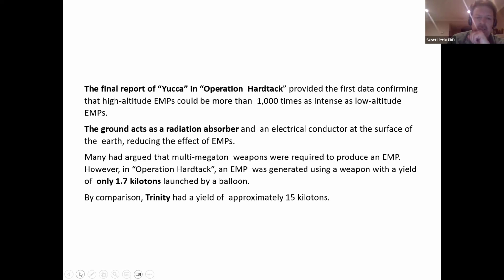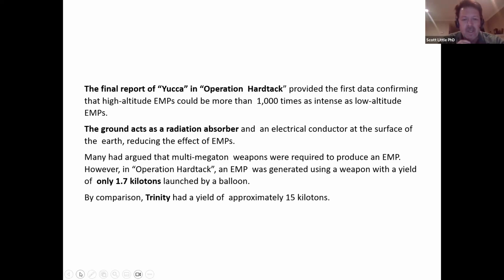In an experiment called Operation Hardtack, they collected data and found out that a higher altitude EMP could be more intense and do more damage than a low one, because the pulse is spread out over a much larger area from a higher elevation, and the ground acts as a radiation absorber and conductor at the surface of the Earth. And we'll see why that can be problematic as well for a lot of electronic devices.